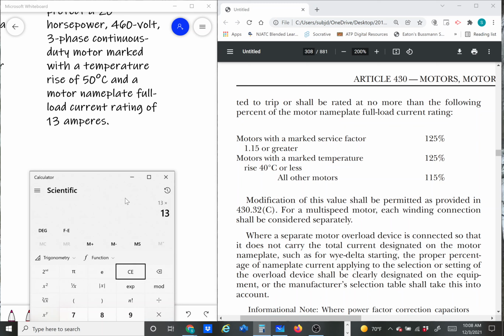So since my temperature rise is over 40, I have to go into my 115%. It wouldn't even matter that the service factor isn't listed, because even if it was listed, my temperature rise is over 40, so I'm already in the 115% parameter. And again, there we go, 14.95 amps. Out in the field, Square D has them. You'll have a table that you'll go find that 14.95 amps and match that up, and you'll see what size heater or overload protection you need.